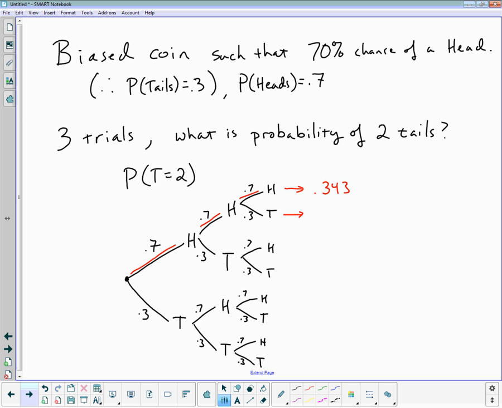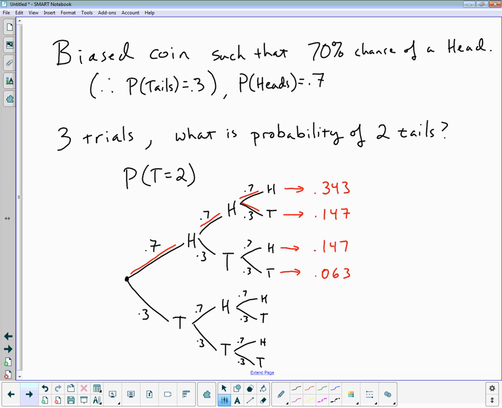Okay, so now it's 0.7 times 0.7 times 0.3. So 0.49 times 0.3 is 0.147. And we can fill in the rest of these values. Here we have 0.7 times 0.7 times 0.3, and here we have 0.09 times 0.7, so 0.063.